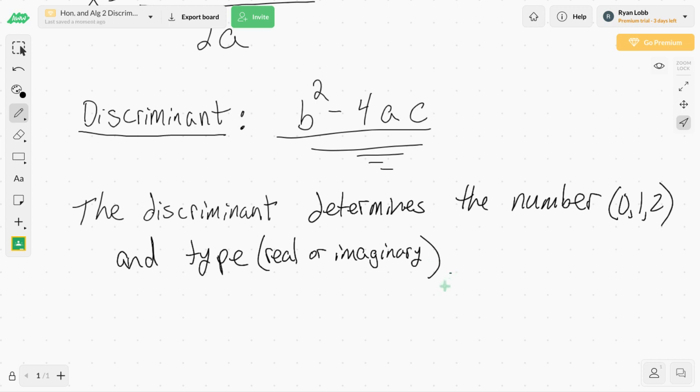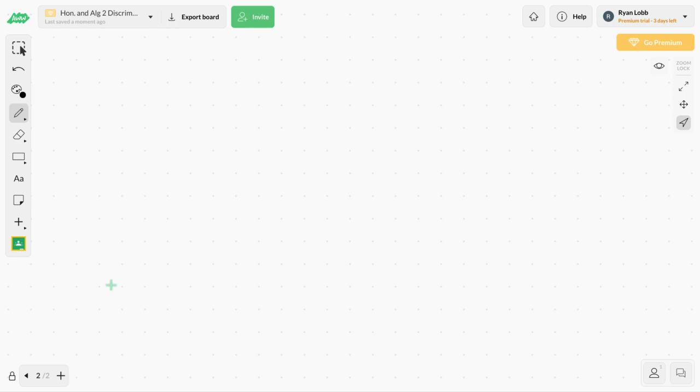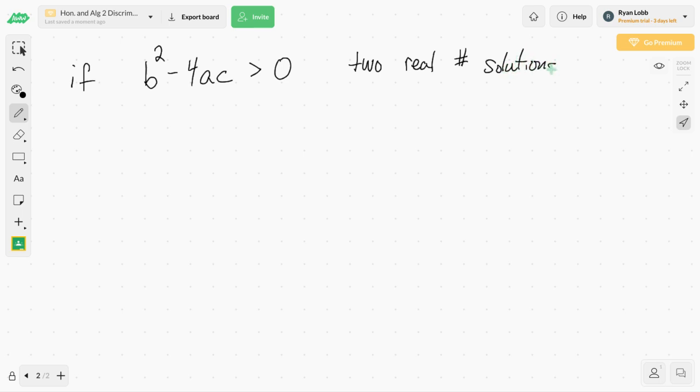Let's go over here. If the discriminant, which is b squared minus 4ac, is greater than 0, so positive, then that's going to mean you have two real number solutions.